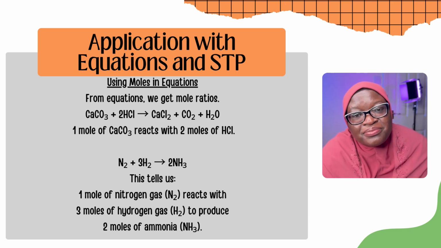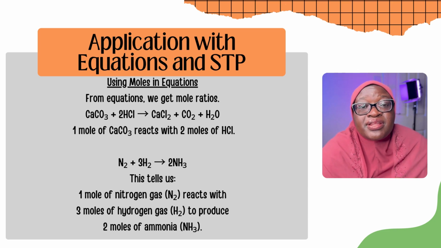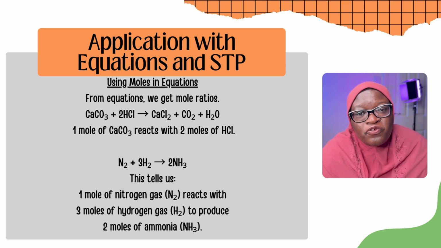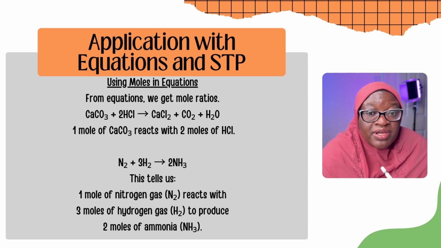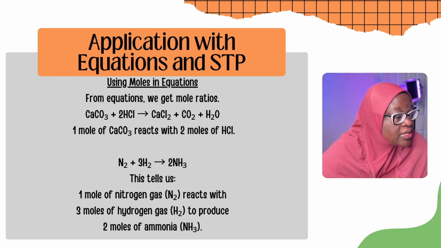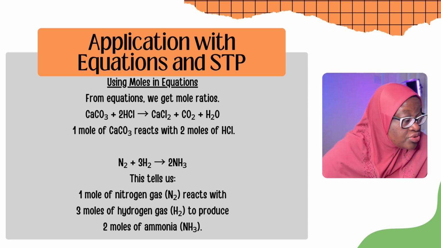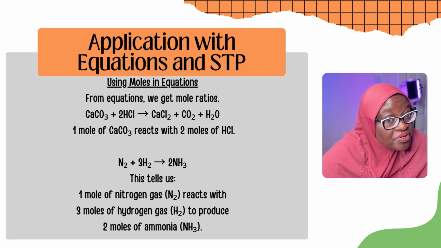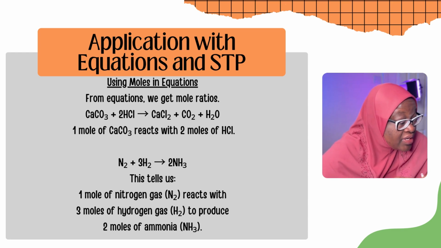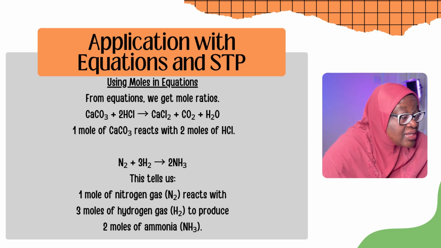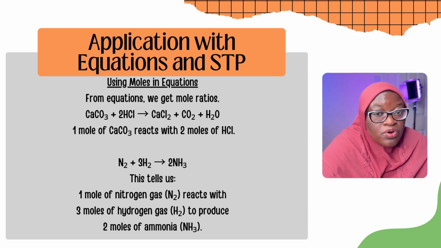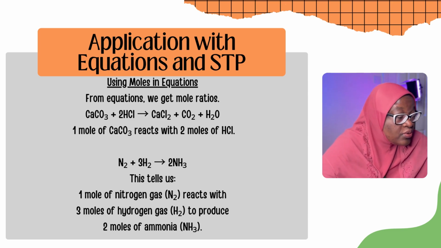Like I stated earlier, one of the most important uses of the concept of mole in chemistry is that it helps us to determine the combining ratios in reactions and when we form new materials through chemical reaction. For example, look at what we have on this slide. Using moles in equation, from this equation we can get the mole ratio. So we have a reaction between calcium carbonate and hydrochloric acid, and we can see here that only 1 mole of calcium carbonate reacts with 2 moles of HCl, hydrochloric acid.